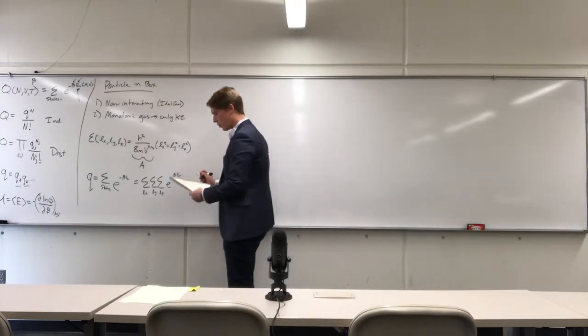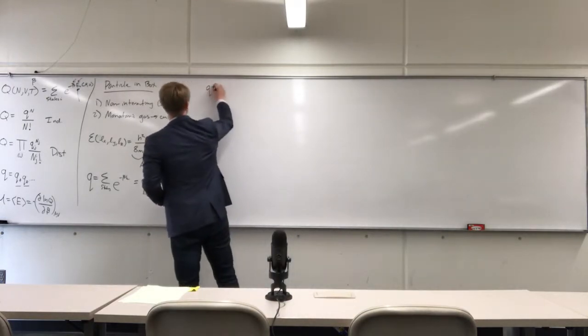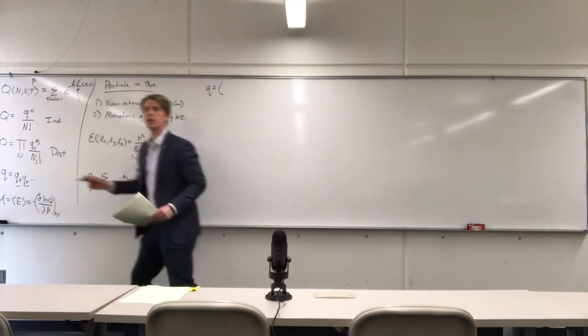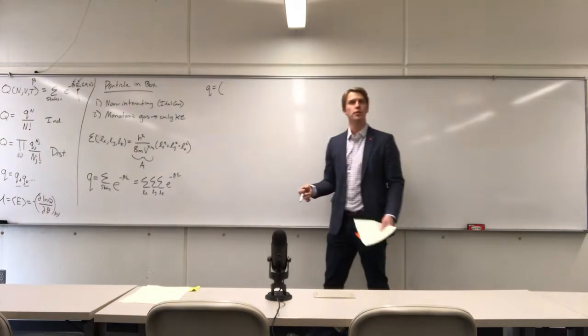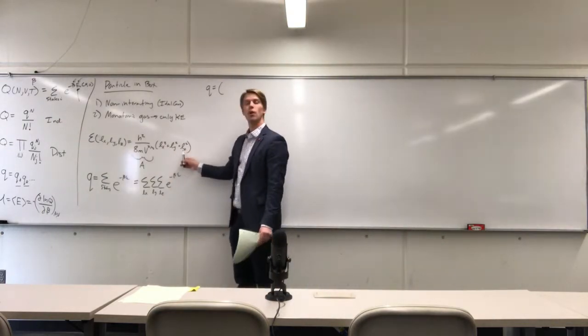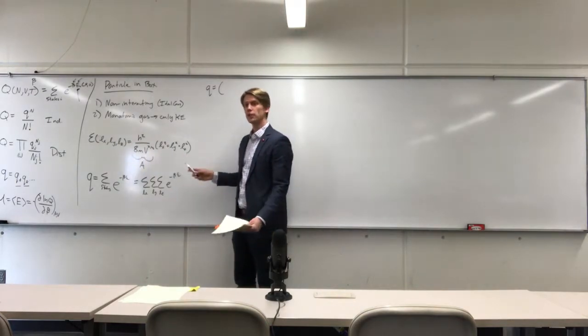Now we can then further break this apart using a similar approach that we used to derive this property here, which is the independent energy modes. If Lx, Ly, and Lz are all independent from one another, then we can actually write them all separately.